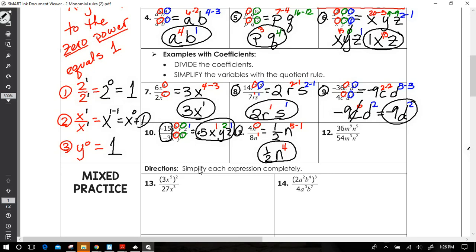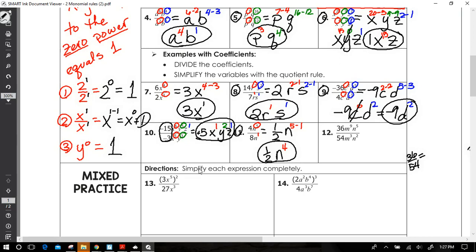Okay, so let's do another one that's just like that. I need to do 36 divided by 54, and I'm going to do some scratch work over here. 36 divided by 54, and I can divide those both by 9.